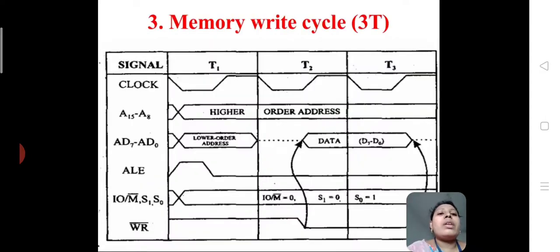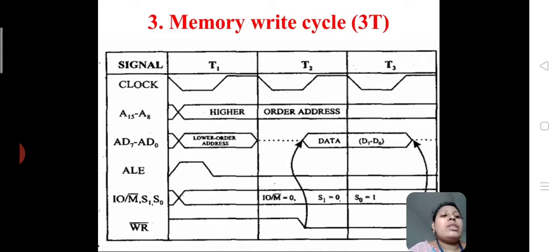So next, the memory write cycle. The memory write cycle is the same as memory read and opcode fetch. The change is that here it is a write. Observe that in the previous one it was read bar, now it is write bar, because in the memory write cycle it writes the data to the memory.